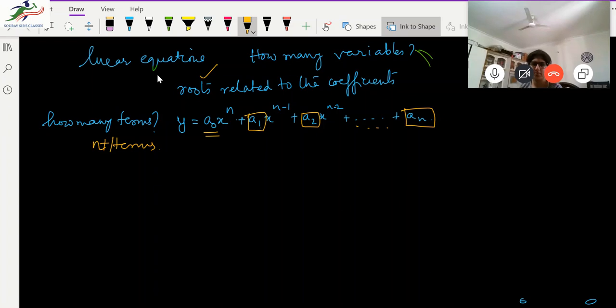Now let us assume that x1, x2, x3 up to xn are the roots of the equation, y equal to 0.